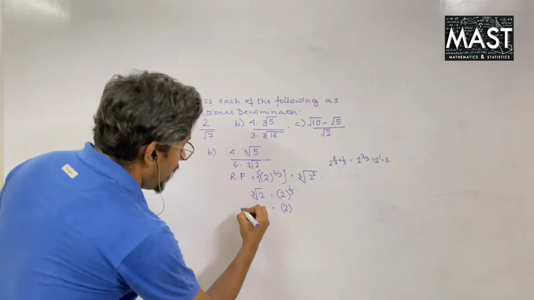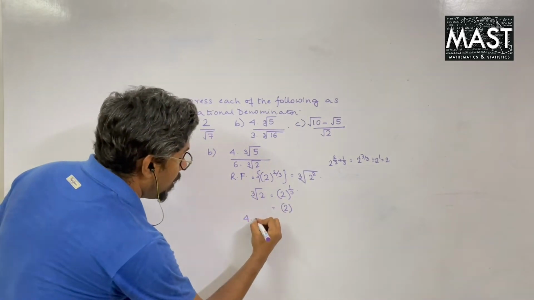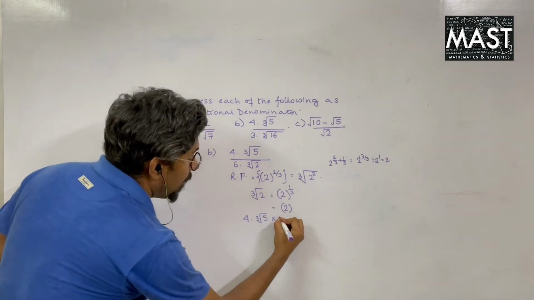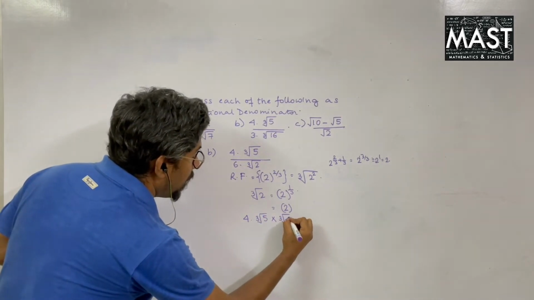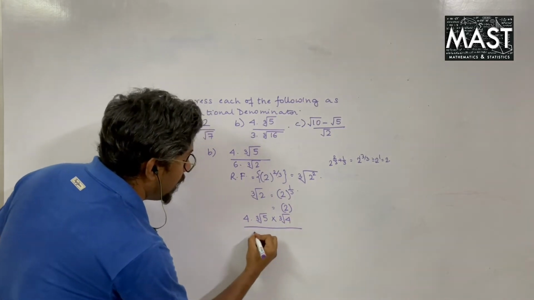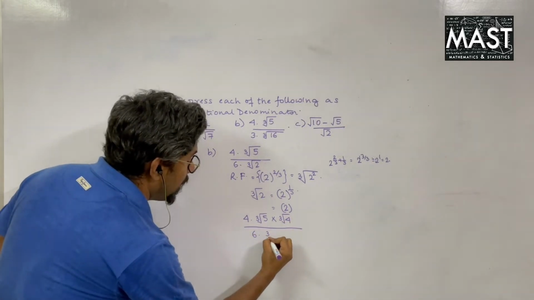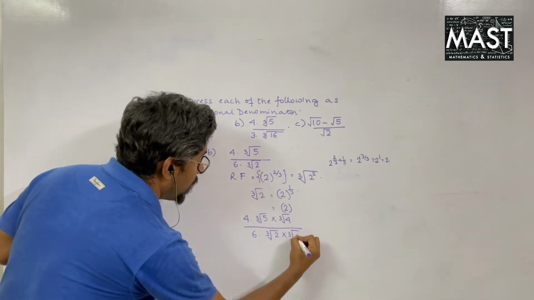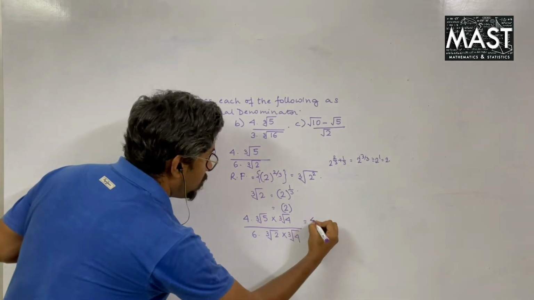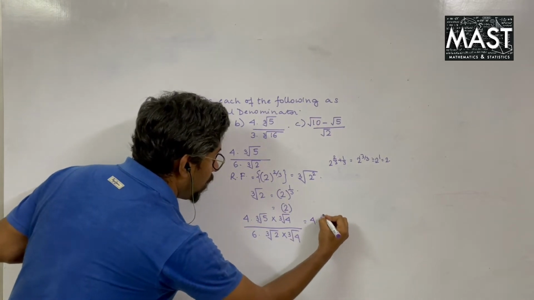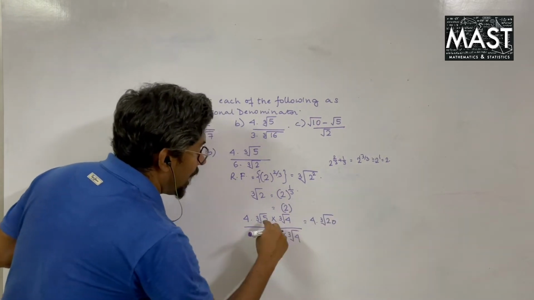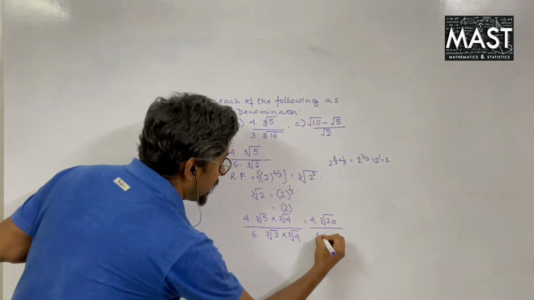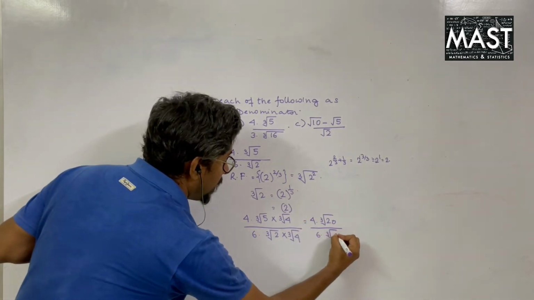That means we will be multiplying 4 into cube root of 5 with cube root of 4. Similarly, in the denominator, we will multiply 6 into cube root of 2 with cube root of 4, which will give us 4 into cube root of 20, 5 into 4 will give us 20, divided by 6 into cube root of 8.